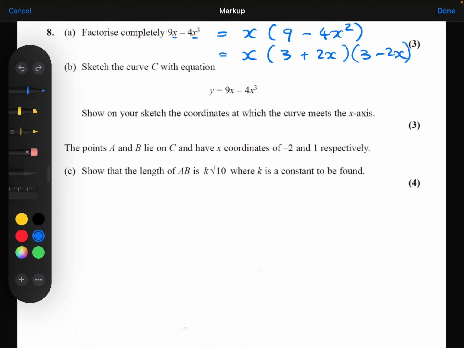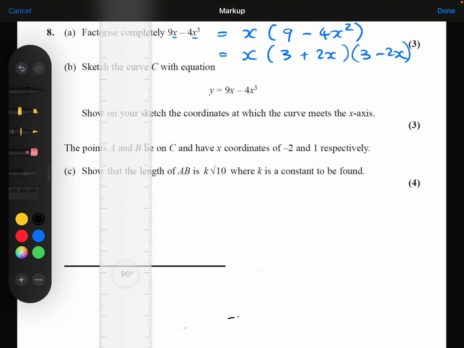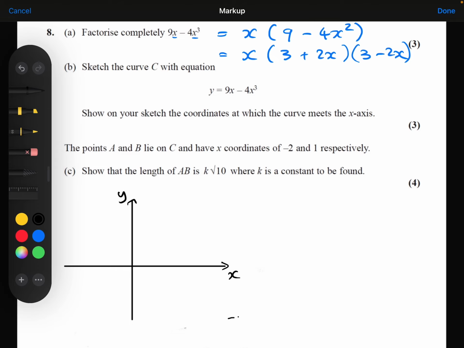Part B, sketch the curve. So let me draw a set of axes. Here's my x-axis. Here's my y-axis. I need to show on the sketch the coordinates where the curve meets the x-axis.